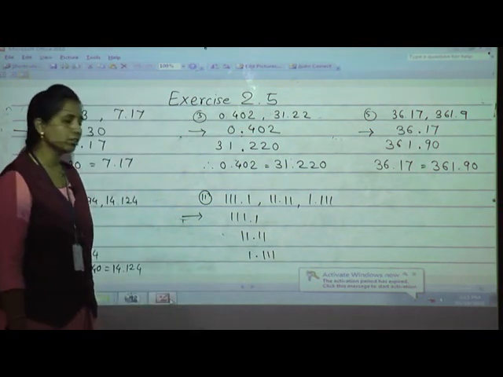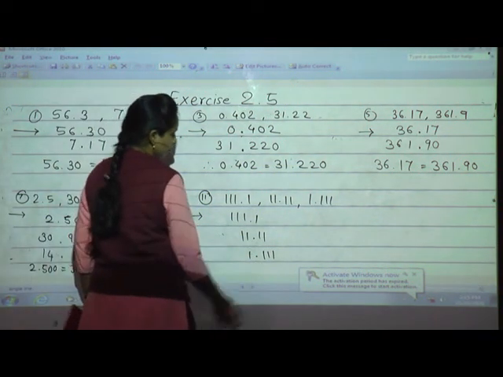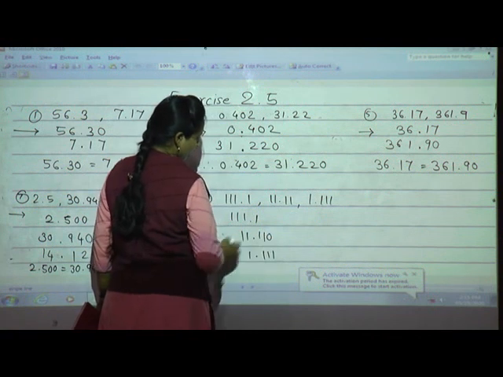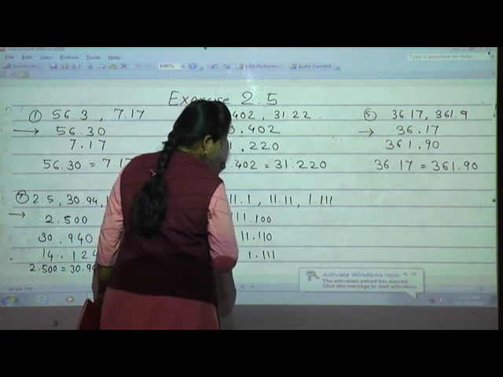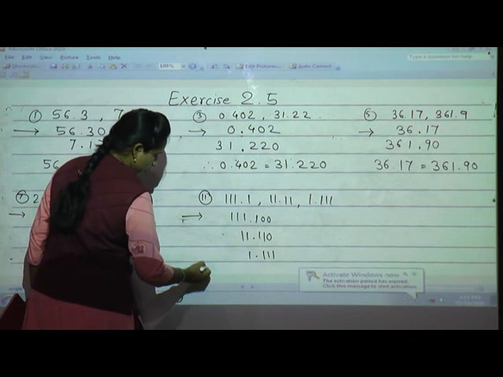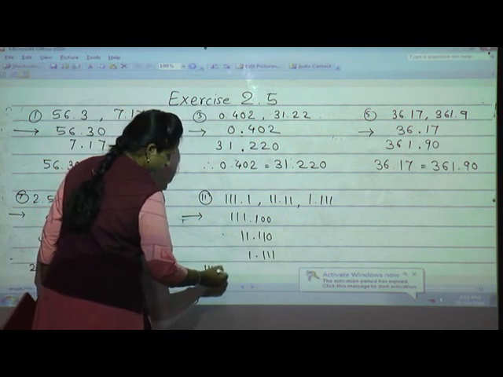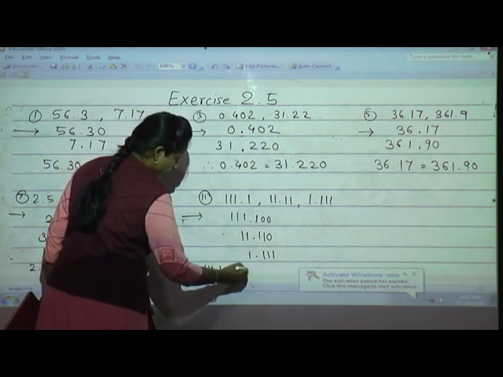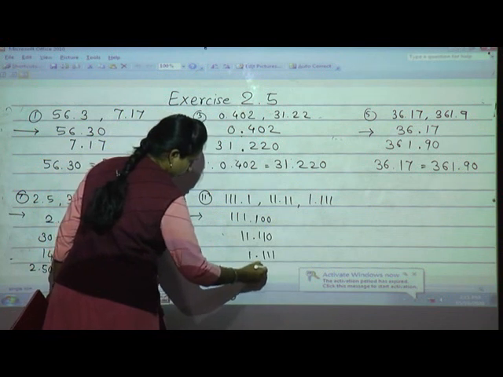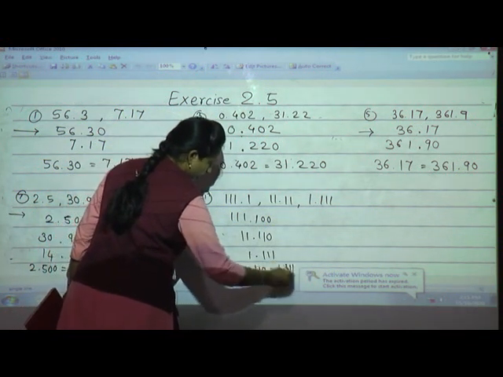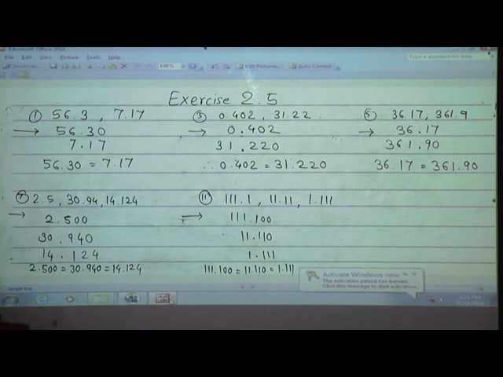Now we need to convert into 3 decimal places. So here we need to add 2 zeros and here we need to add 1 zero. Now you can say here 111.100 is equals to 11.110 is equals to 1.111. Now they are equal, means like decimals.